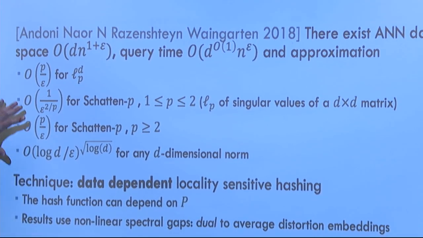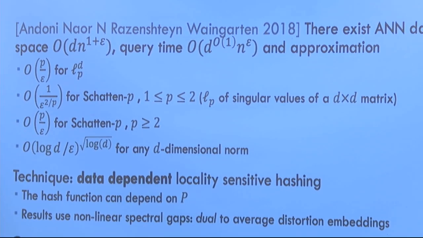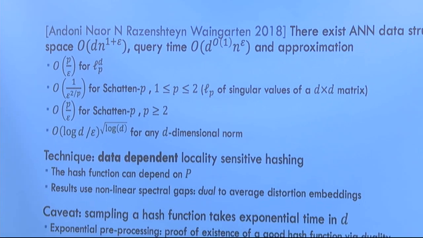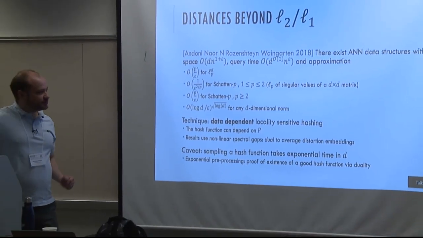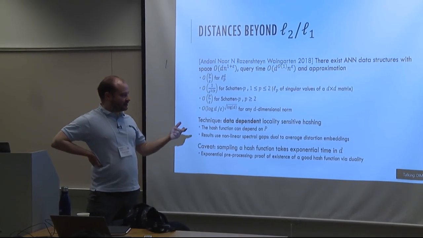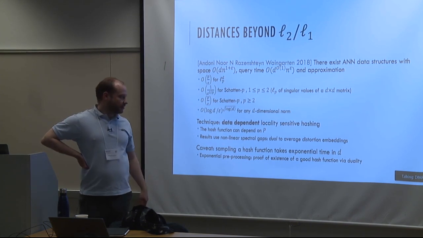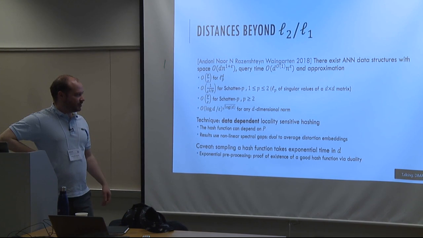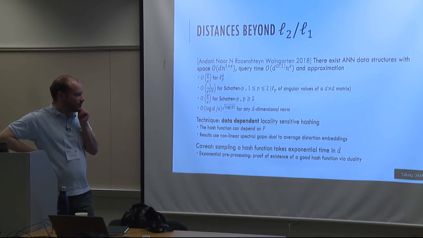The technique that we used in these papers was based on locality sensitive hashing, but roughly speaking, we use hash functions that can depend on the points in P. In some sense, that seems to be perhaps necessary. I think that's something you can try to formalize and prove: if you're going to use this kind of hash function approach, you do need your hash function to somehow depend on P.